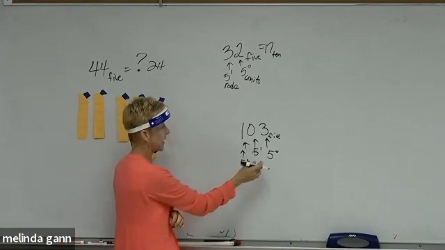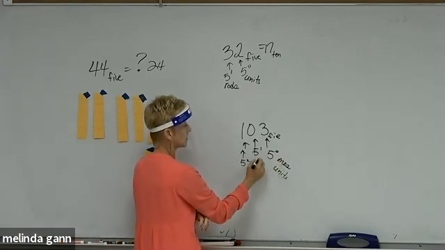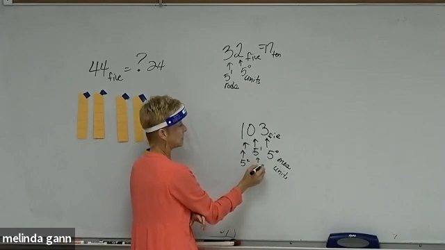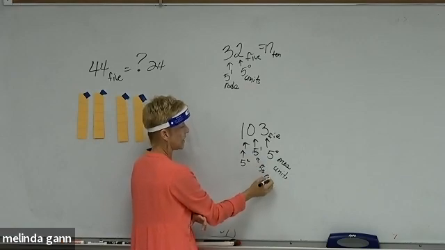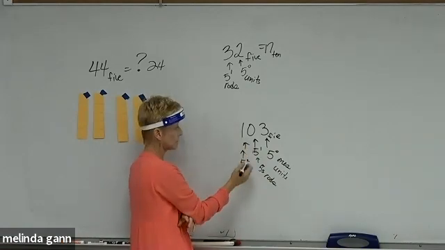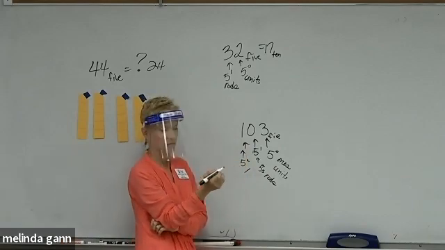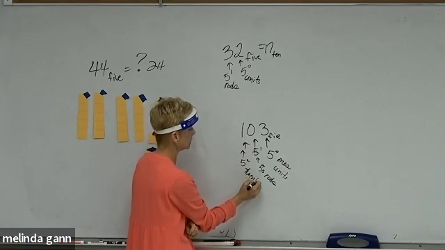So does everybody understand? This is still my ones, right? So this is still my units. That's my 5s. So that's my rods. What column is this? My what? Is it my 10s? What's 5 to the second? That's my 25s column.